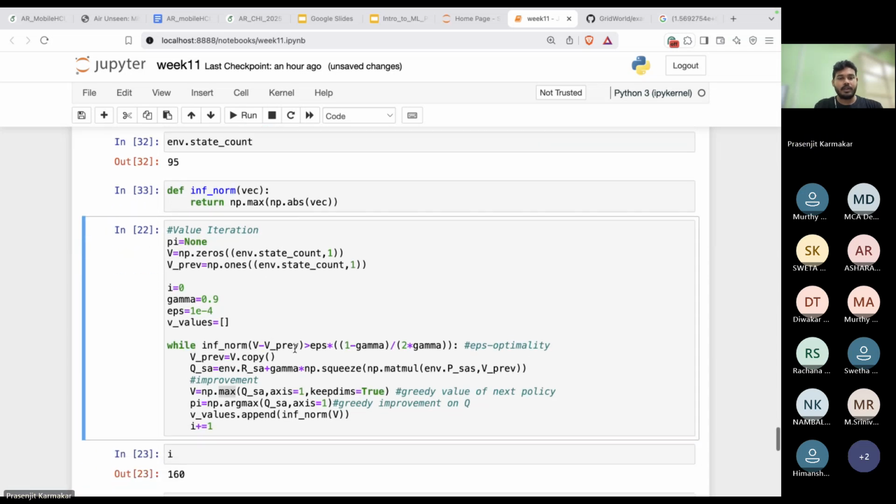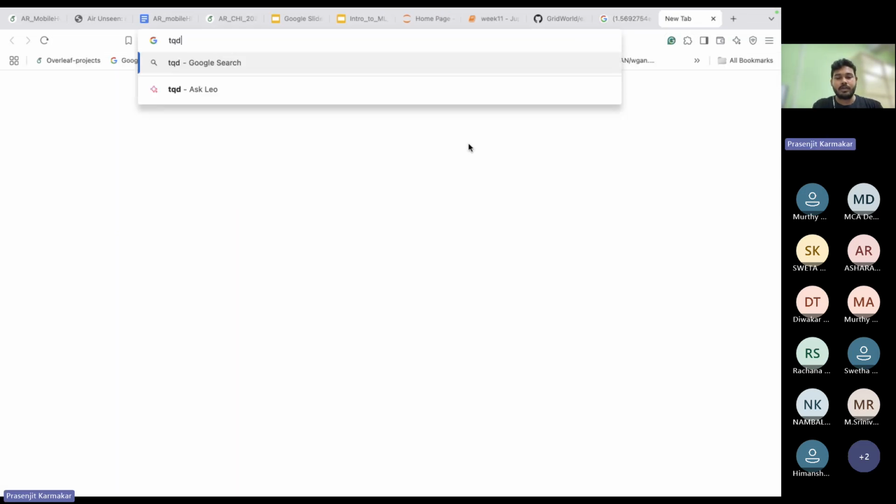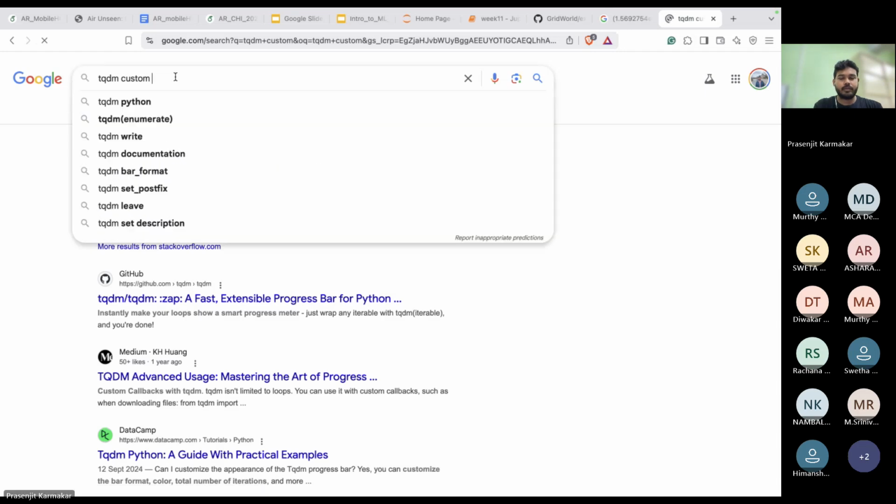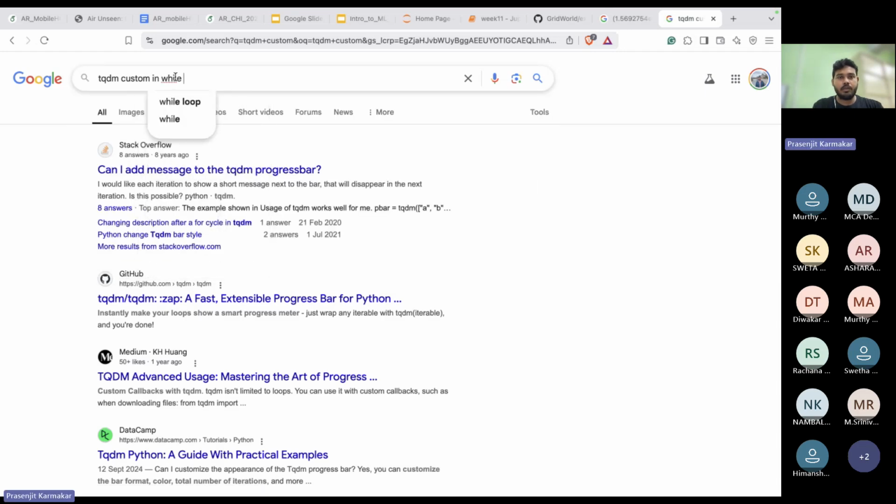Now tqdm, I can place it here. Let me add tqdm in the while loop.